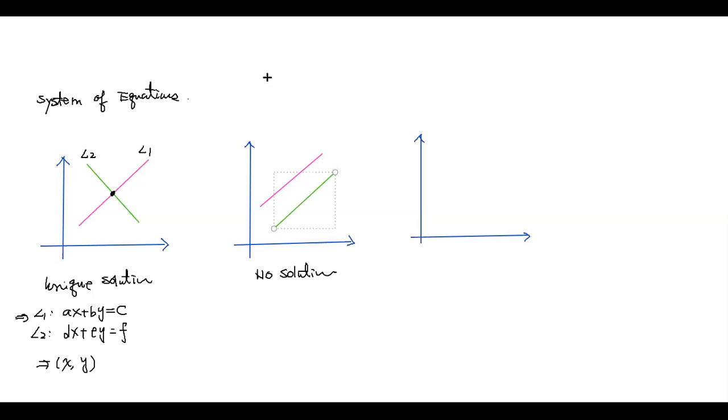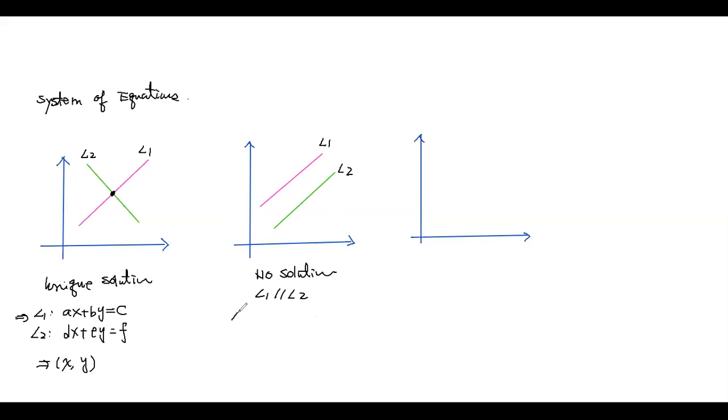This is my line number 1, and this is my line number 2. When we talk about a system with no solution, that means L1 is parallel to L2. They're never going to intersect. So that's why there are no solutions here.